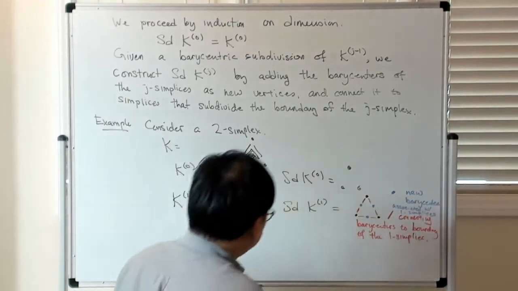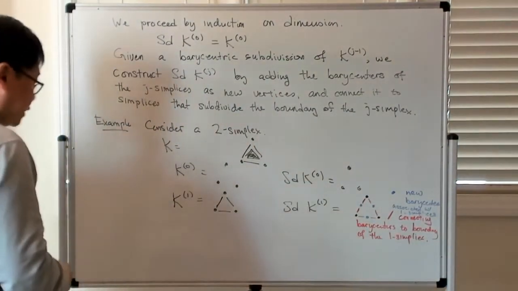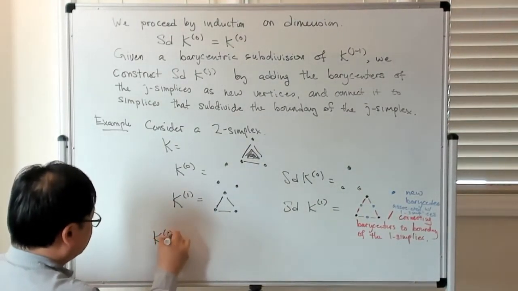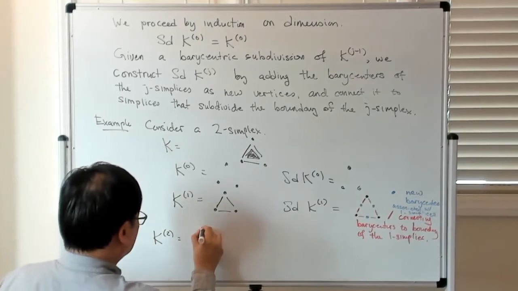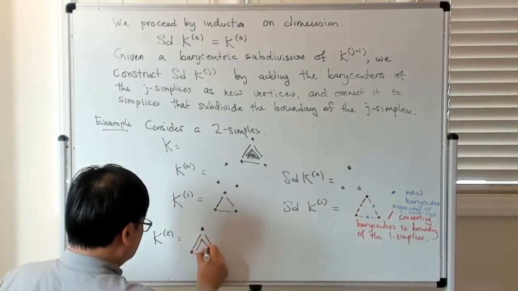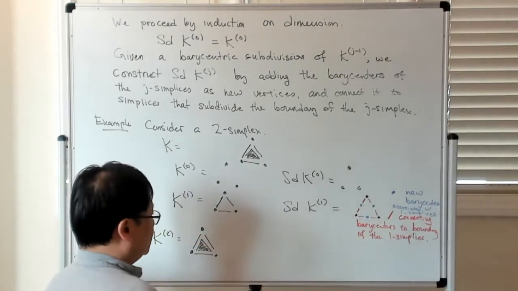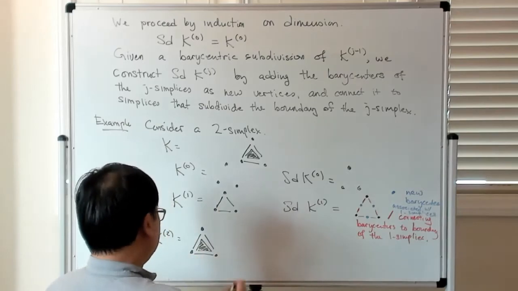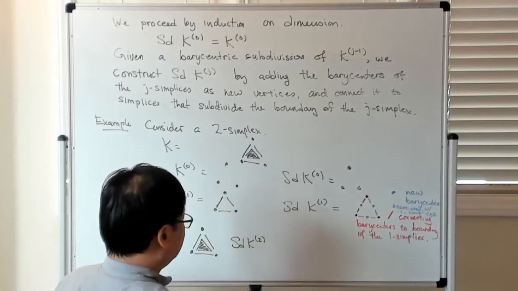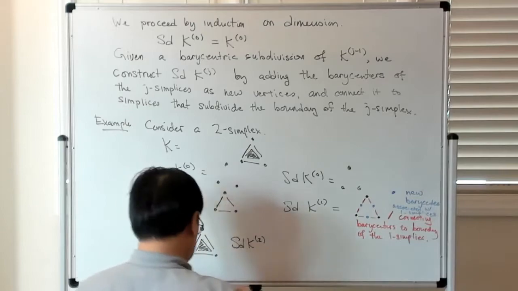Okay, so maybe I'll move this a little bit to the side so I have a bit more space. Then there's K2. K2, of course, is the full thing. So hopefully you understand what I'm doing here. Okay, so I look at SDK2. So SDK2 is everything we had before, right?